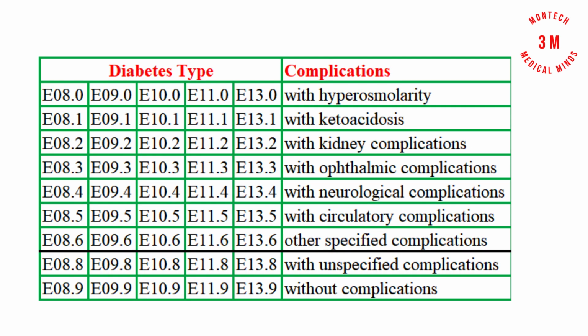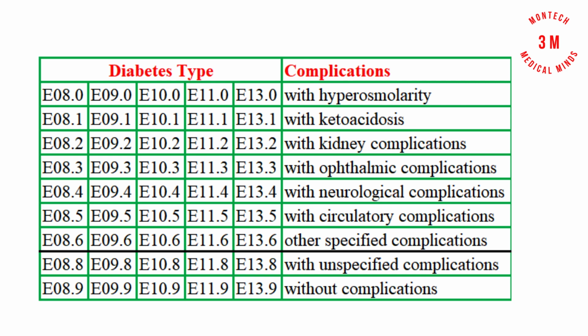Diabetes complications or manifestations are categorized as below, indicated with a fourth-digit character in each category of diabetes codes, such as hyperosmolarity, ketoacidosis, kidney complications, ophthalmic complications, neurological complications, circulatory complications, other specified complications, unspecified complications, without complications.